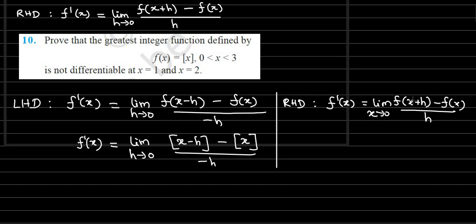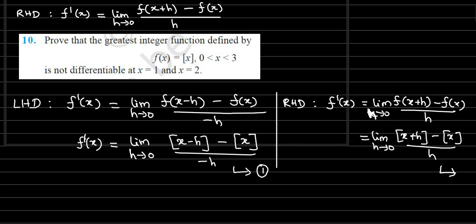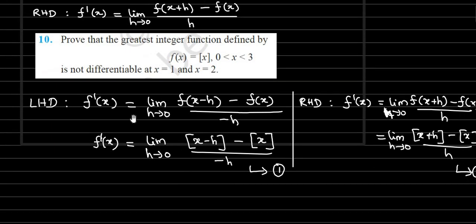Same way here, the input is x plus h, so it becomes greater integer of x plus h. Then f of x is greater integer of x, divided by h. I am going to keep this left hand derivative as equation 1 and this one as equation 2.